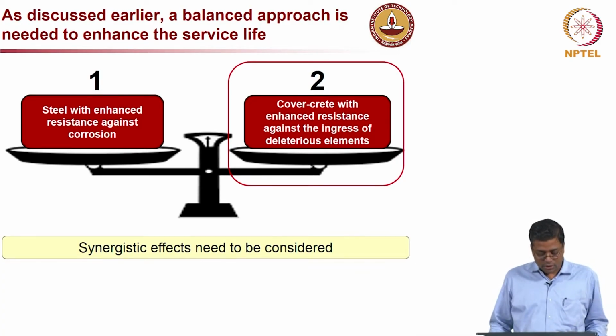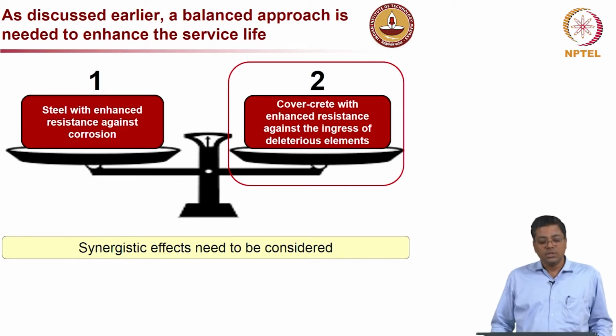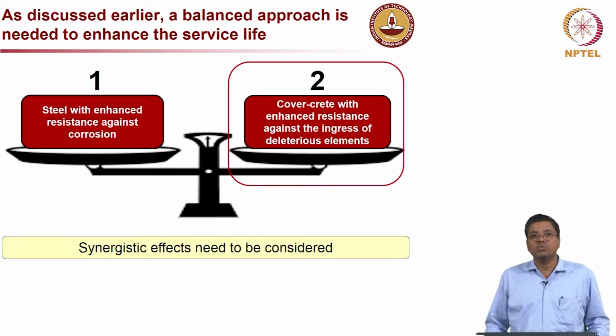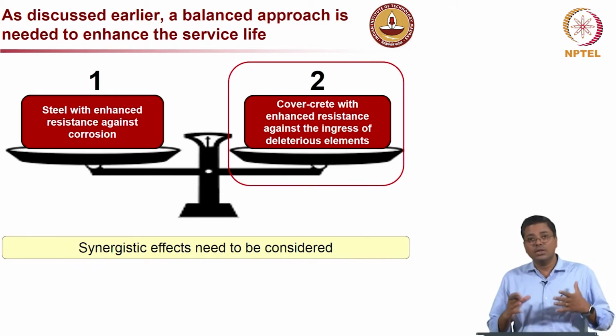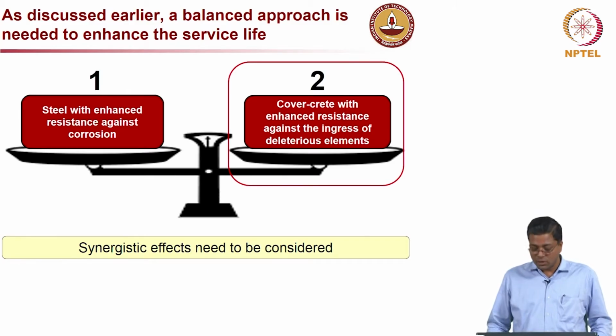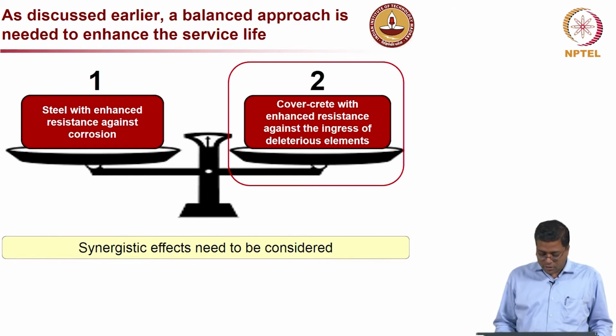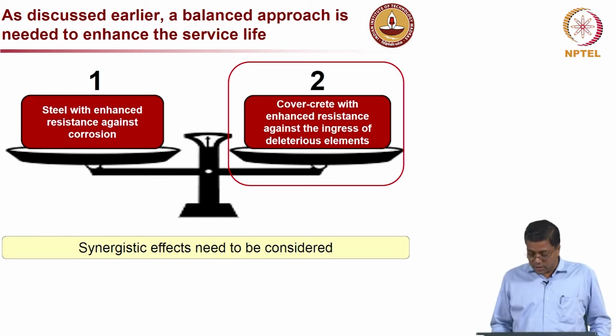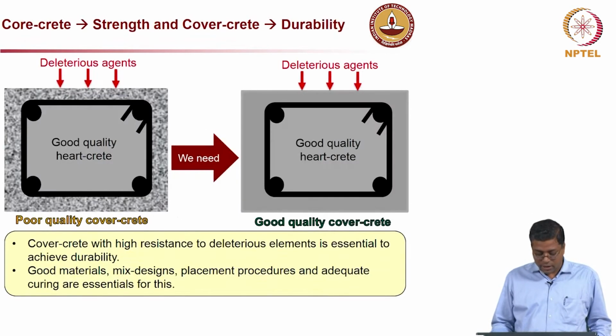Here you can see on this balance on the left side, item number 1, we are talking mainly about the corrosion resistance of the steel, and number 2 is mainly on the corrosion resistance, or in other words the degradation or damage of the concrete cover, which is necessary for preventing the deleterious elements from entering the concrete, which eventually leads to cracking and then corrosion of the steel. So, a synergetic effect of both steel and concrete needs to be considered.